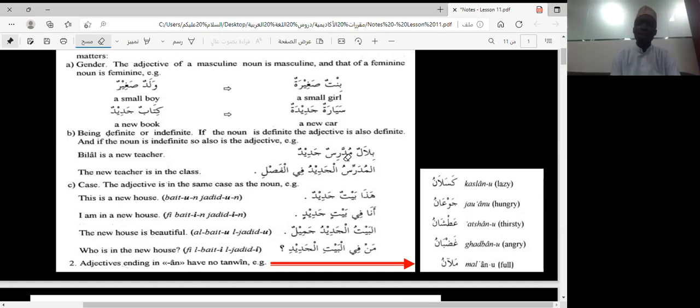Here we have tanween on mudarrisun, so it is indefinite, and jadidun should also be indefinite. Mudarrisun is man'ut, which is indefinite because of tanween. There's no alif and lam there. So when the adjective, which we call na'at, comes after the qualified noun, it should also be indefinite, in tanween.